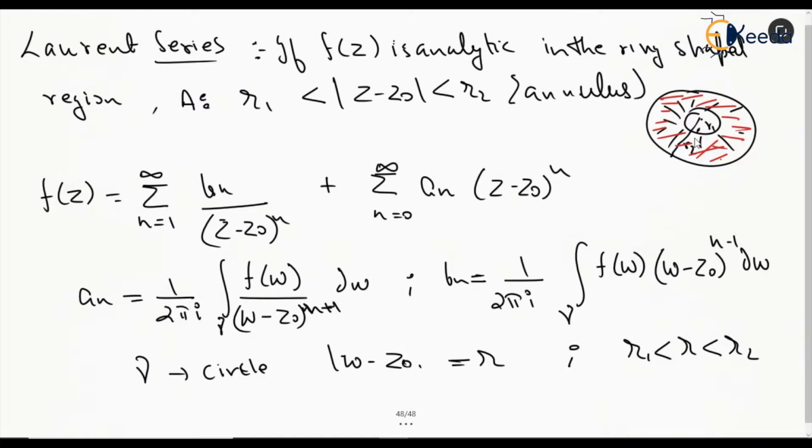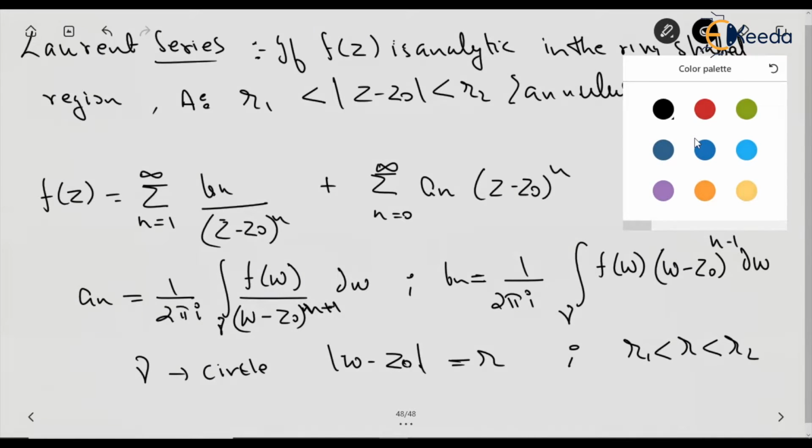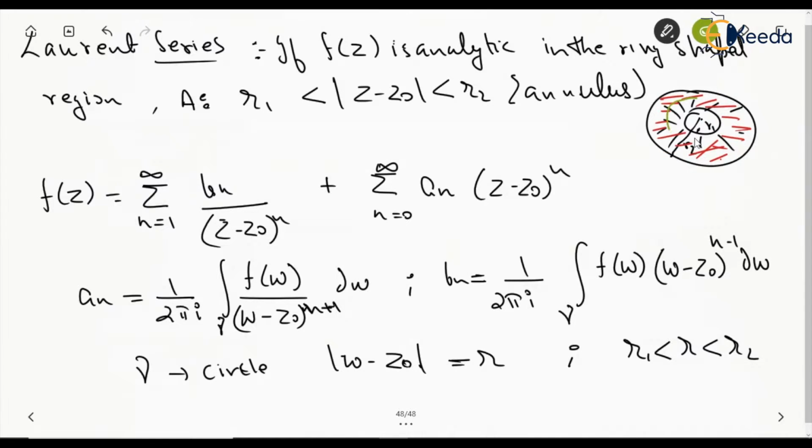Right? So basically this gamma is nothing but a circle having a radius between R1 and R2.